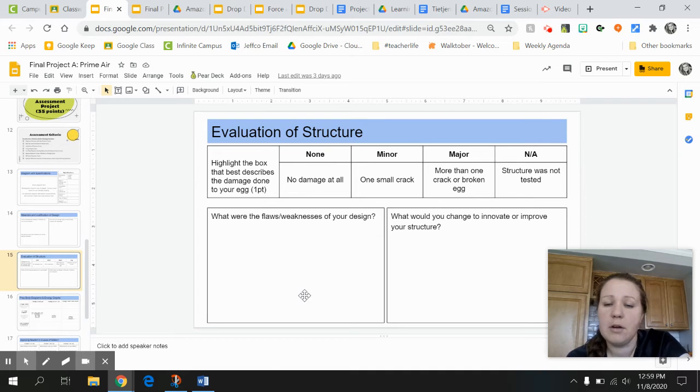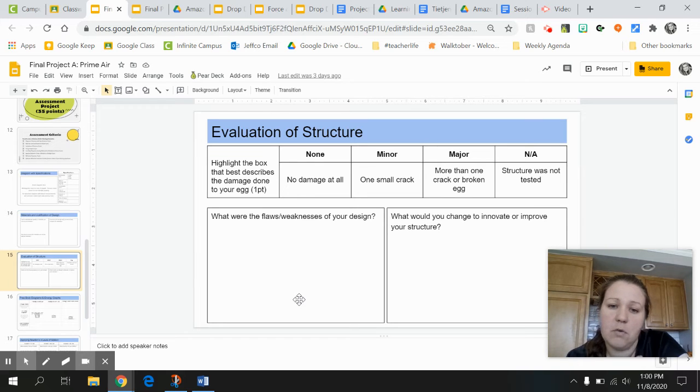What were areas that you can improve on? And then the second box is really thinking about those flaws and weaknesses and how would you change it if we did this again? What changes or improvements would you make related to the flaws that you observed?